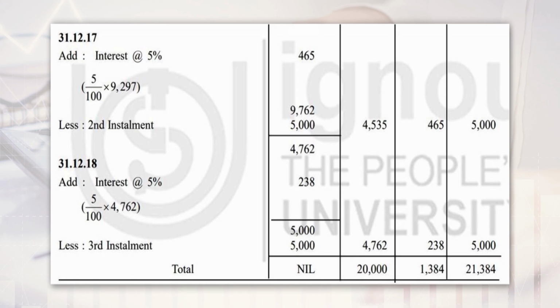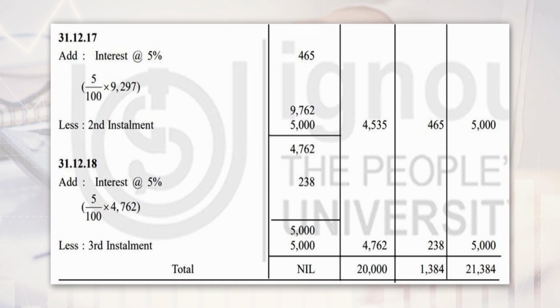This is the amount outstanding at the time of third year installment. So out of this 5,000 second year installment, 4,535 is the principal amount and this 465 is the interest amount. That way, if we make the total of this, it comes to 5,000, that is the second year installment.